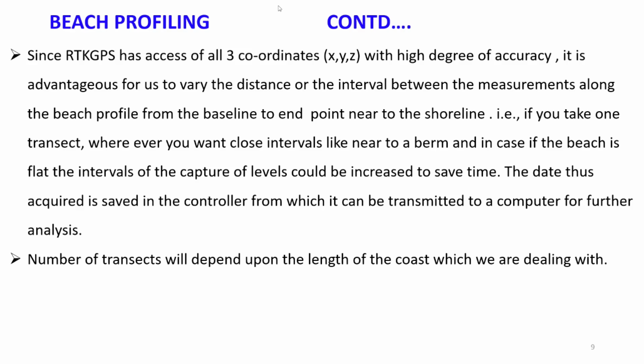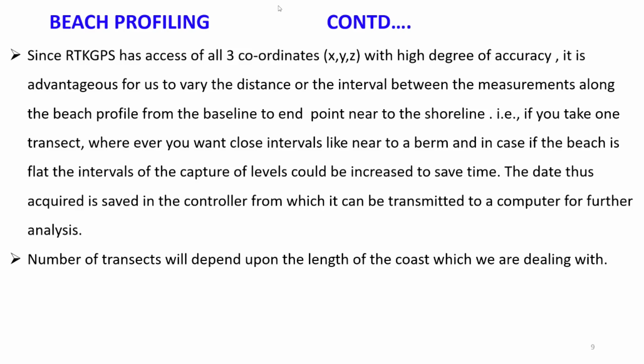And along this transect, you try to locate or try to have this RTK GPS and try to get the values of the levels. So you can increase or decrease the interval over the transect.